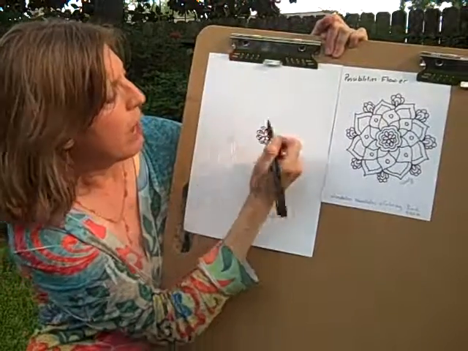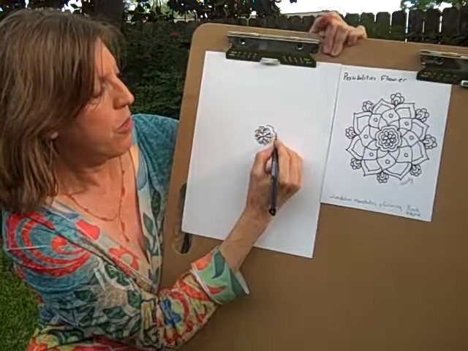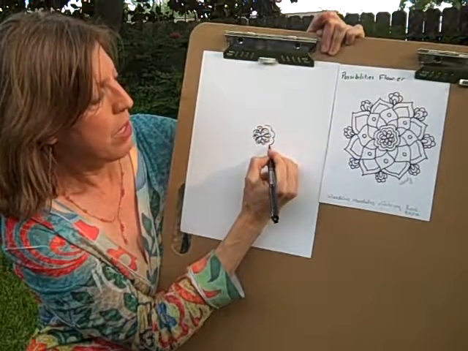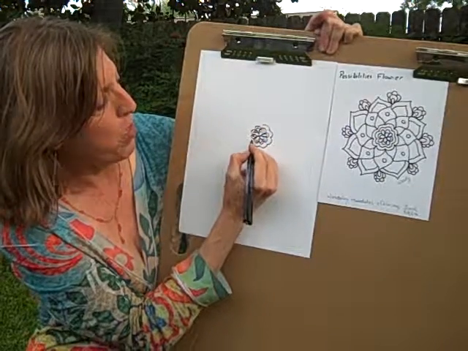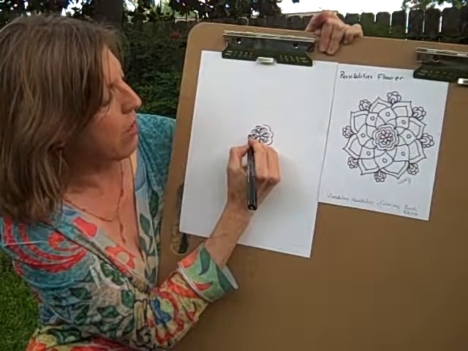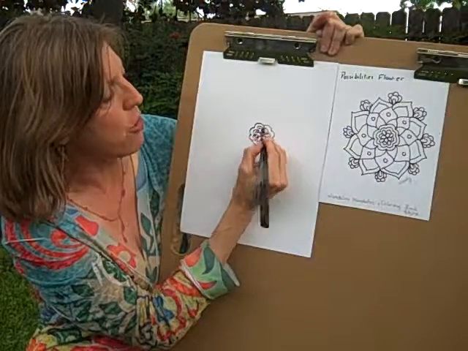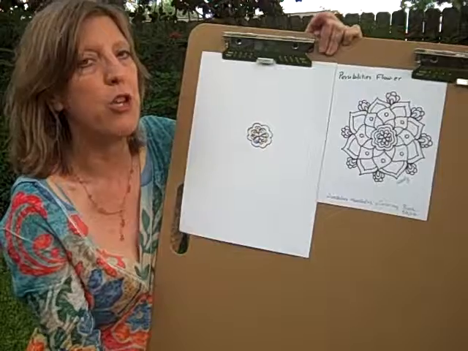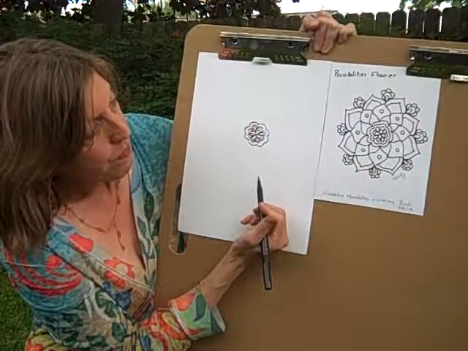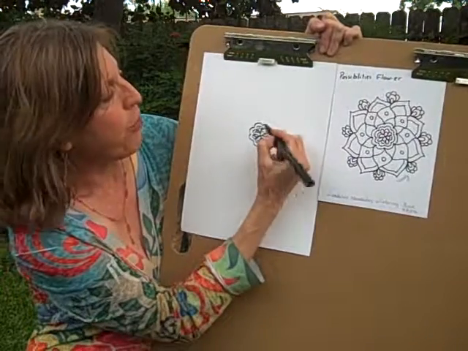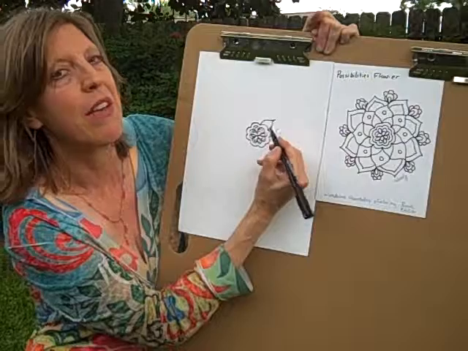Alrighty then, so now I'm going to go around that series of petals and create an open space between those petals and what I'm drawing now. So it's like, what is the open space that you can create for yourself in your life? How can you create open space for yourself? I love to do these. These are the petals. What are the petals of your life?